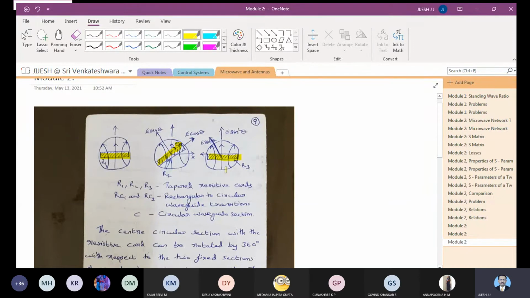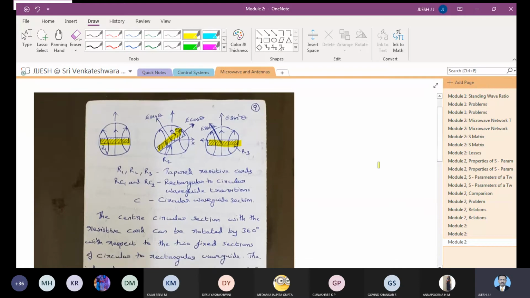So you have R1, R2, and R3. R1, R2, and R3 are tapered resistive cards. Here it might be drawn flat, but it should have sharp edges. You know why: to avoid the reflections. So these things you can note down.